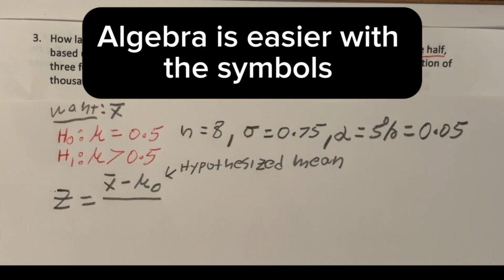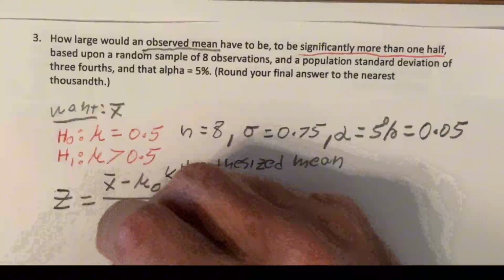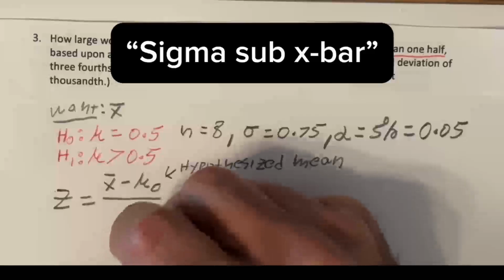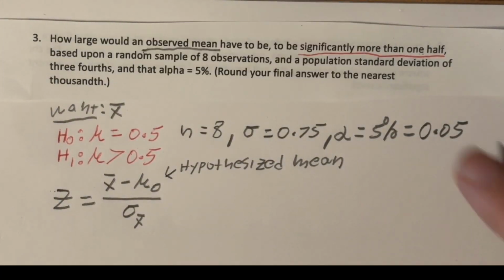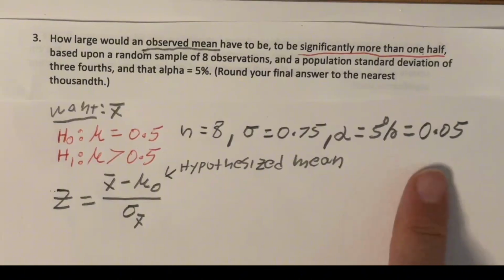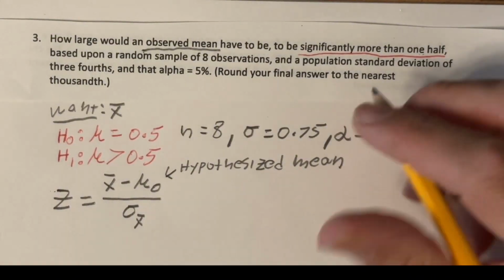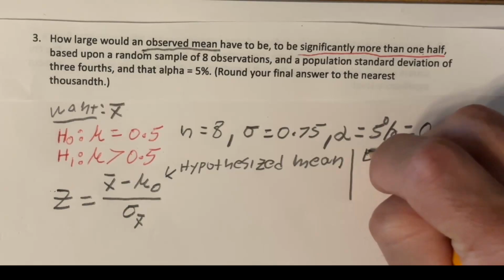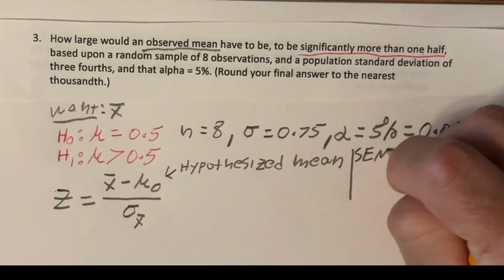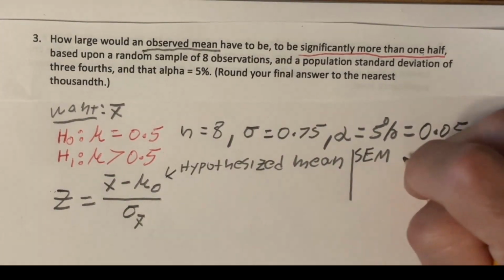But I want to leave it as a symbol here because the algebra is easier with symbols than with numbers, you know? And this is divided by sigma sub X bar, which is called the standard error of the mean. And there's a formula for this. So I'm going to write it right here. We have this thing called the standard error of the mean. I'll just write SEM.